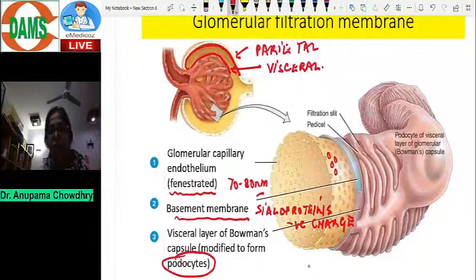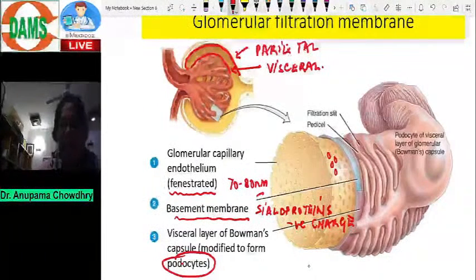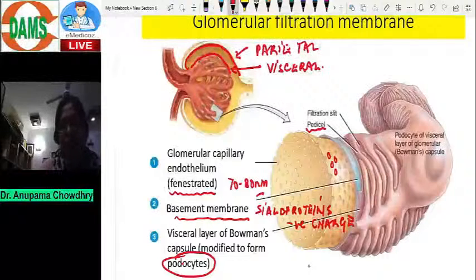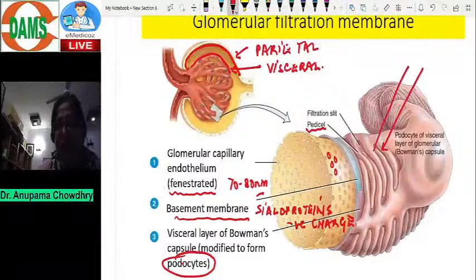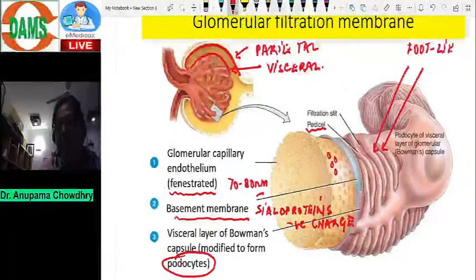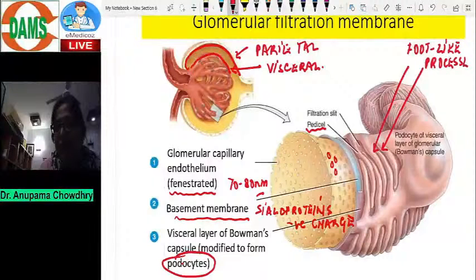They have foot-like processes, which are called pedicels. Between the foot-like processes, there are gaps, which are called filtration slits.